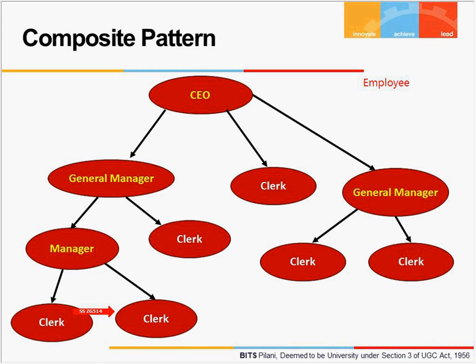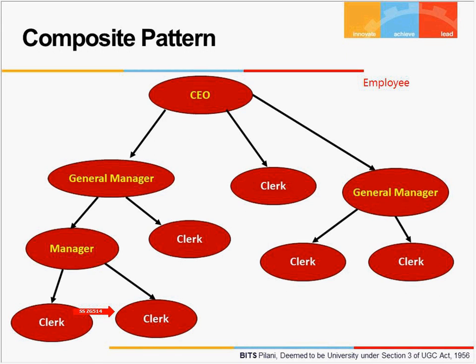Right? This is a kind of a whole hierarchy where you find atomic objects and composite objects placed within each other. Right? The atomic objects always form the leaves of the tree. Right? Forms a tree-like structure. Atomic objects or individual objects which do not consist of further objects, they always form the leaves of the tree, right?